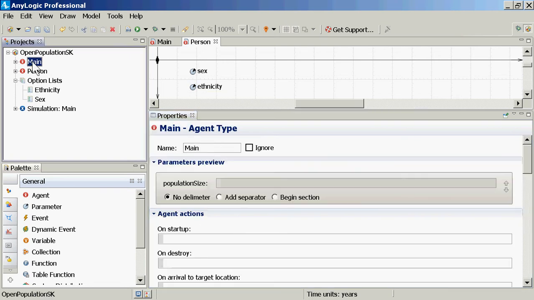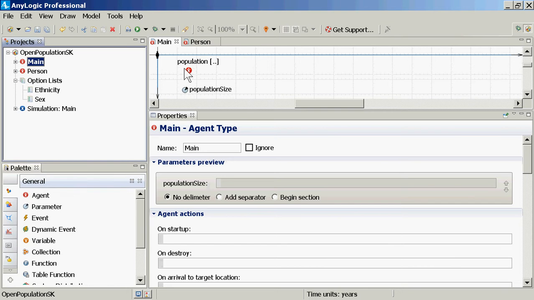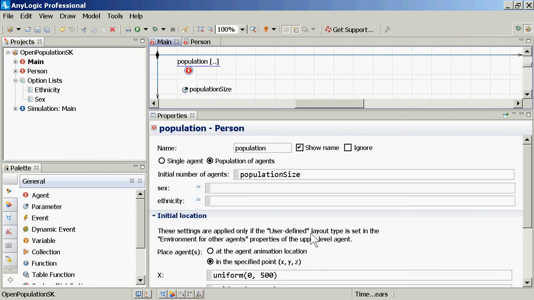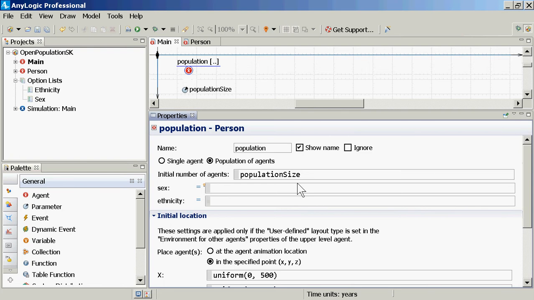Go up to Main, go to the population, and for sex, we're going to pick the sex randomly with equal likelihood. So do random from, and do you remember what I type? Sex.values. It's one of these randomly chosen with uniform probability. Sex.values. People okay with that?